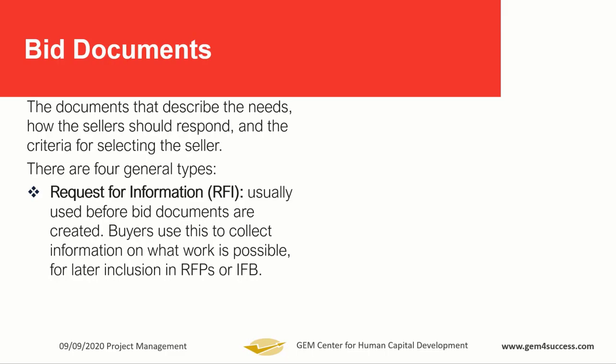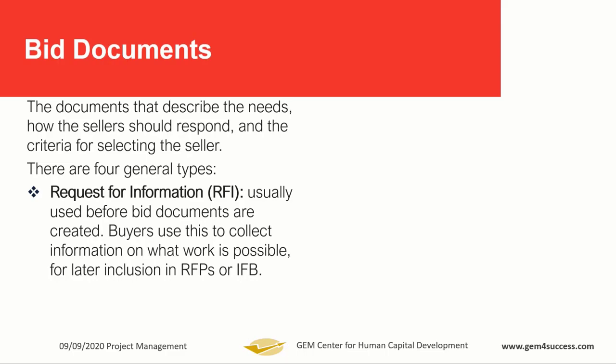So what they can do is pre-qualify people by sending out an RFI: whoever has sufficient information about this thing I need should come and give me the information. Based on the information you give, the one that is most convincing can now submit a quote or submit a bid. So RFI usually is used before other bid documents are created.